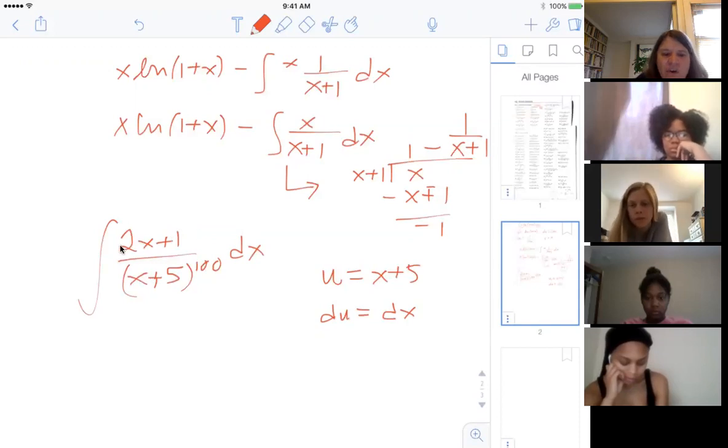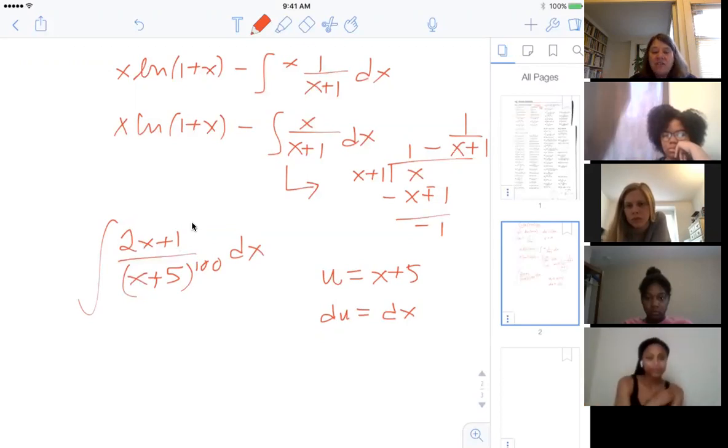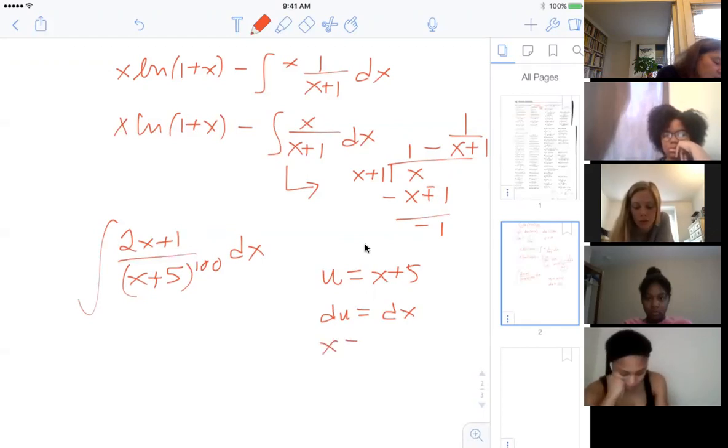I need this in terms of u. Do you see a way for me to get this in terms of u, guys? All you got to do is replace the x. What you going to use? What is x, guys? Yeah, x is u minus 5. This is what miscellaneous substitution is all about.